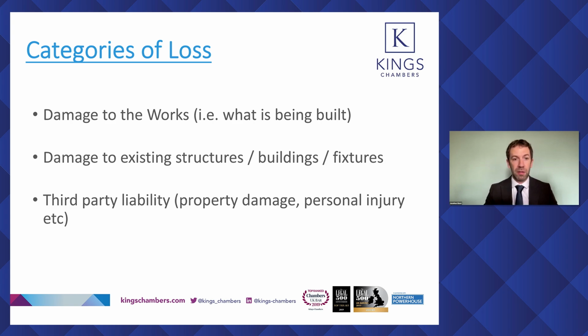And in my view, this is becoming increasingly relevant in some of the fire safety and cladding remediation works and contracts associated with that, where obviously there's a limited scope of work being done to part of these buildings, but scope for significant damage to occur to the existing structures during the course of those works, whether that's water ingress, the weather, fire, or something else. So the parties need to think quite carefully about who bears the primary risk and whether there are any rights of recovery or subrogation.